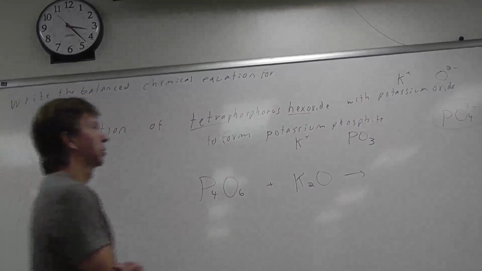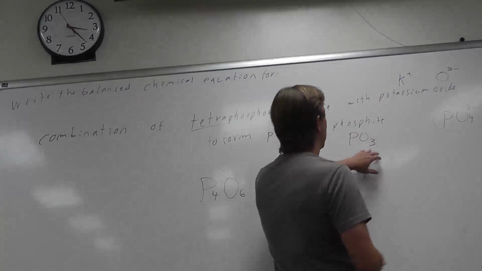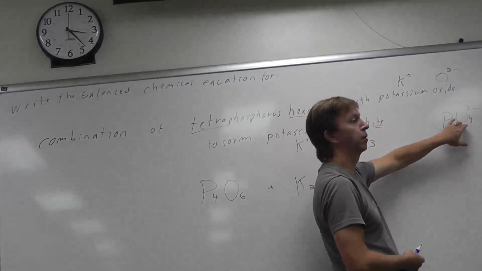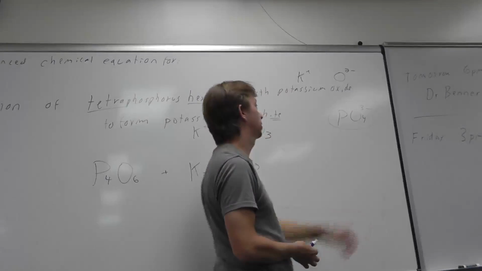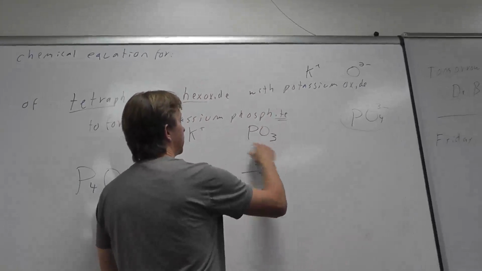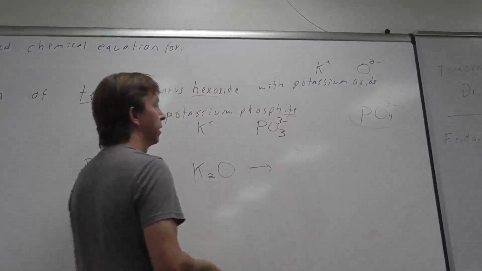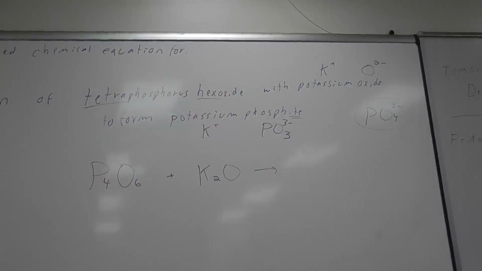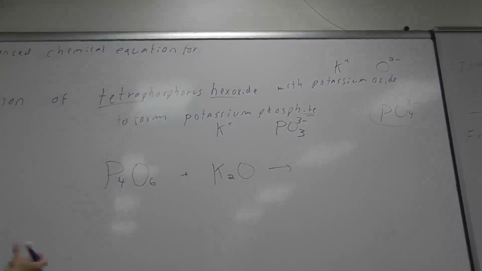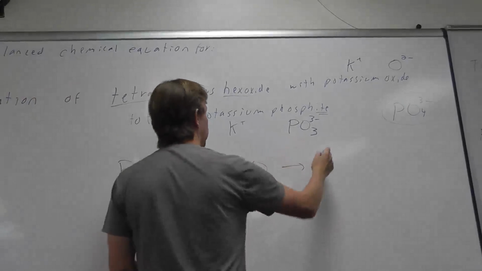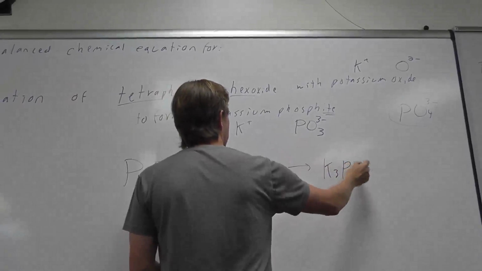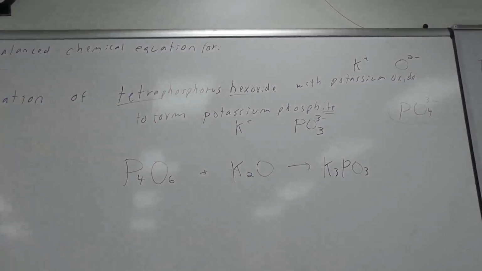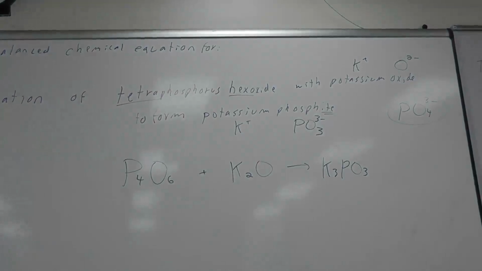Phosphite, not so much, but by the rules of the naming system, that ITE means one less oxygen than the ATE version without changing the charge. So phosphite is going to be PO3, but still a -3. It's an altered version of phosphate. It's derived from phosphate. So this is potassium, this is phosphite, so this is potassium phosphite. Balanced out electrically to be a neutral compound.